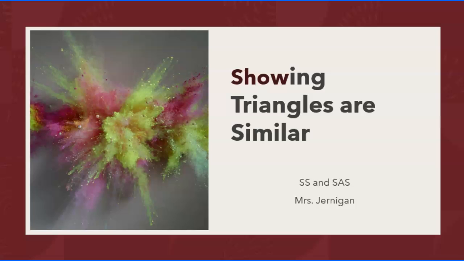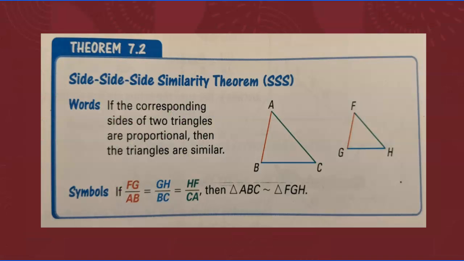So we're going to look first at a theorem, and it's right in your book, but I also have them on the screen. And this is the side-side-side similarity theorem, SSS. Similarity, not equal. So just remember that. If the corresponding sides of two triangles are proportional, then the triangles are similar.